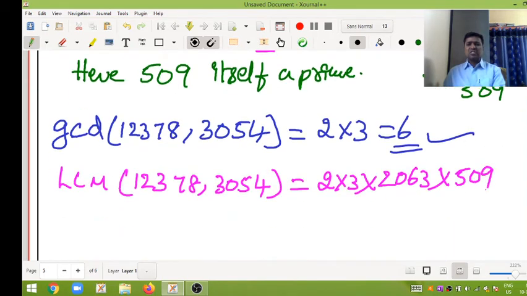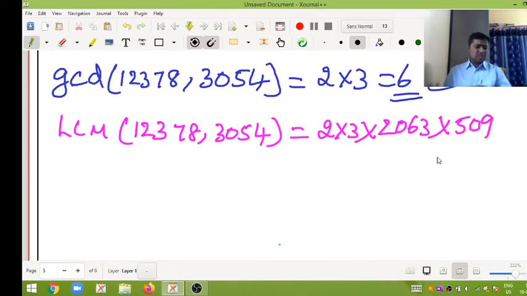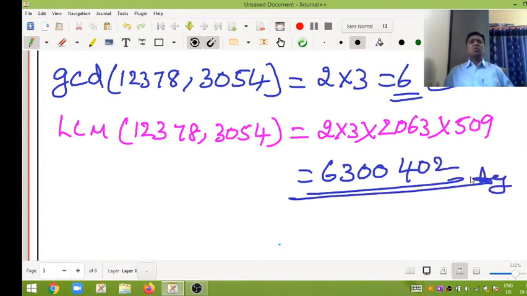By multiplying all these terms, we will get the answer 6300402. Like this way, we will find the GCD and LCM of the given integers. I hope you all understood this question.